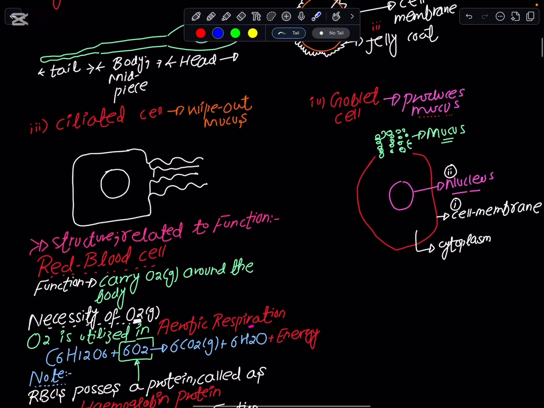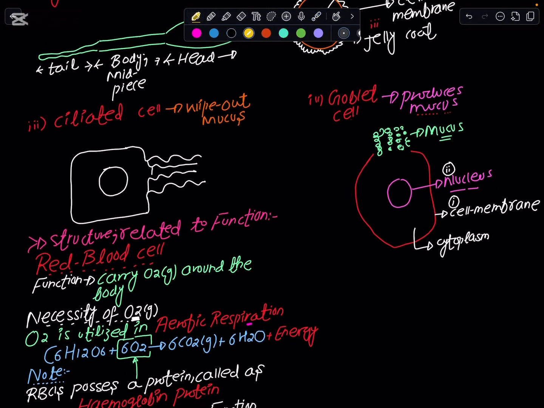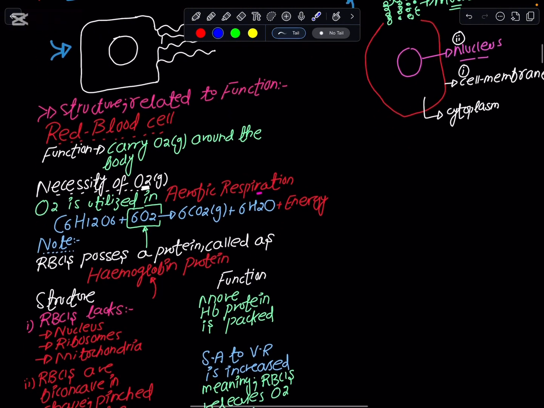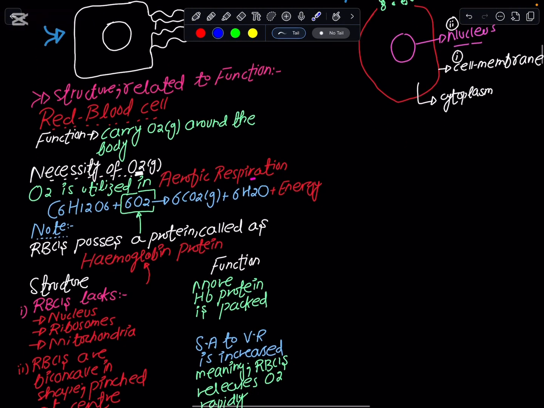If we move further, here we have the ciliated cells, and their structure is different from the previous cells. Then we have the goblet cells, and their structure is different from the ciliated cells, and they perform a different function. We will discuss each of these cells in detail, but first, let us see what functions the red blood cells are actually performing.